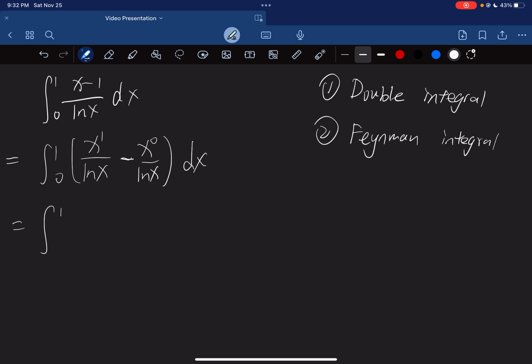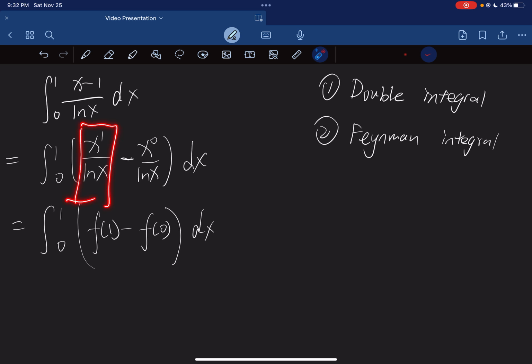Can this equation be rewritten as the function f1 minus f0? Because we see the two fractions. This is a difference of the two fractions, right? And the only difference of the two fractions is the power.